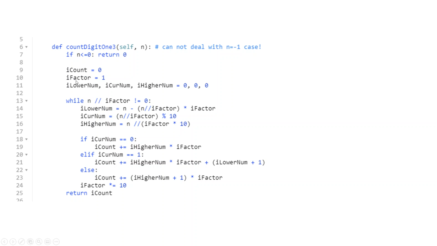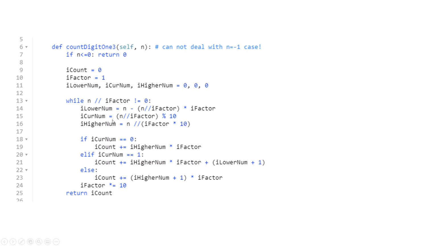So we have the final count, and we have a factor. The factor is actually 10 to the power of y. Initially y is 0, so the factor will be 1, and every loop we multiply it by 10. So initially it is 1, and after each loop of the while it will be 10, 100, 1000, and so on. We have three numbers: the lower number, the current number, and the higher number.